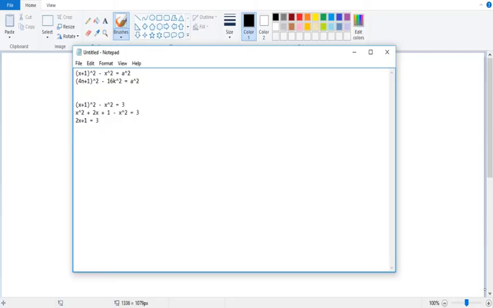And now you can say x equals 1, then you're going to find 2x plus 1 equals 3. Did I mess up somewhere? Yeah, okay, I did everything properly.